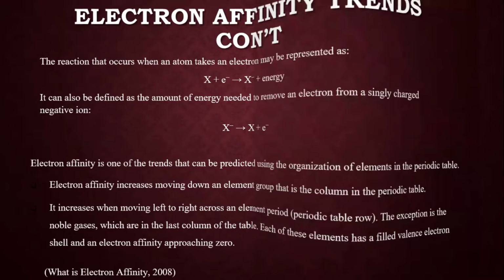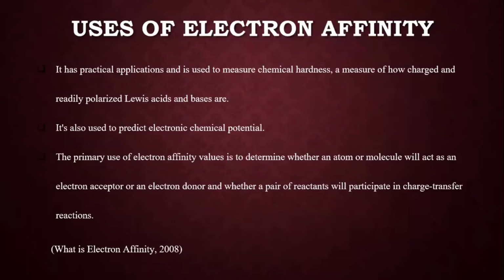Next slide. The uses of electron affinity. It has a practical application and is used to measure chemical hardness, a measure of how charged or readily polarized Lewis acid and base are. It is also used to predict electronic chemical potential.